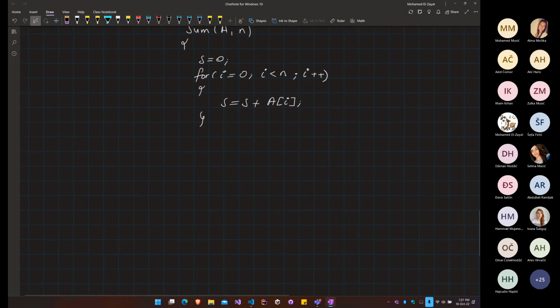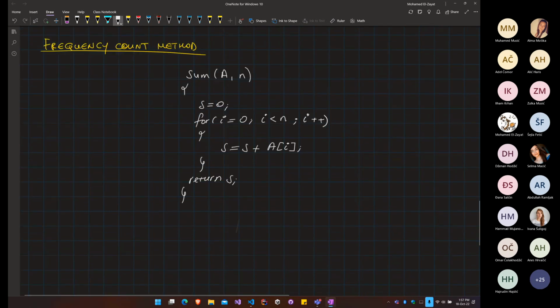And then here we're going to return s, which is my sum. And again, as you can see, I didn't specify any types. It's just pure code. Nobody cares about the types here. You can make this doubles, floats, persons, whatever.